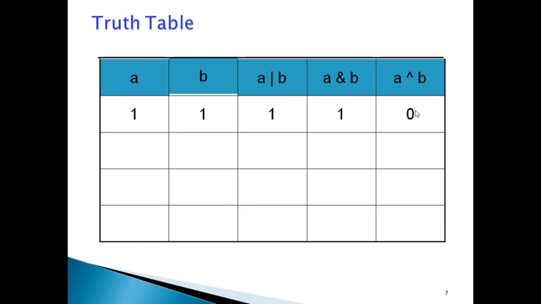Now we will see the truth table regarding these three operators. Second row, the inputs are 1 0. For the OR operation, any one of the inputs is 1, so the output equals 1.